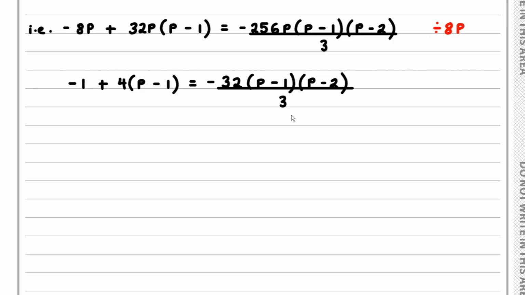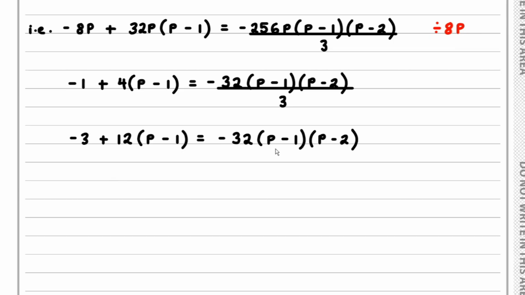And now multiplying through by 3, we have −3 + 12(p − 1) equals −32(p − 1)(p − 2). So, we have −3 + 12p − 12 equals −32(p squared − 3p + 2).